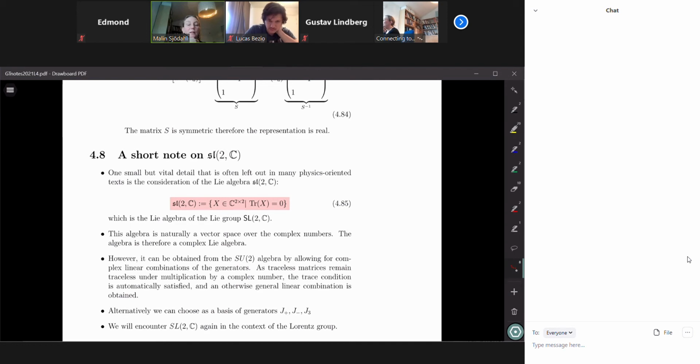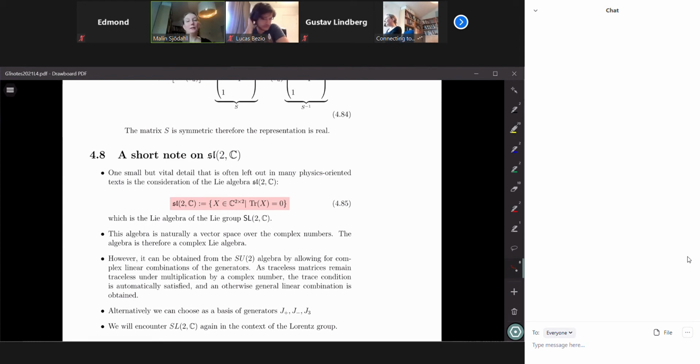And the point is just that if you take this of SU2 and you allow for complex coefficients multiplying these generators in the exponent, then we will break the unitarity. We will no longer have Hermitian generators, the physicist's choice.